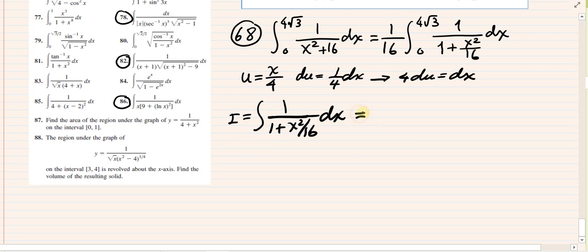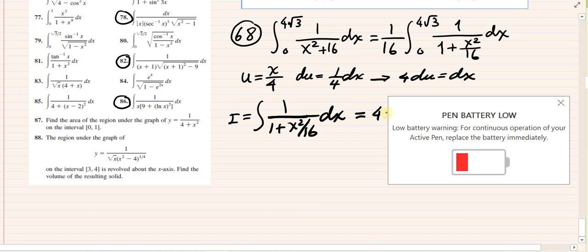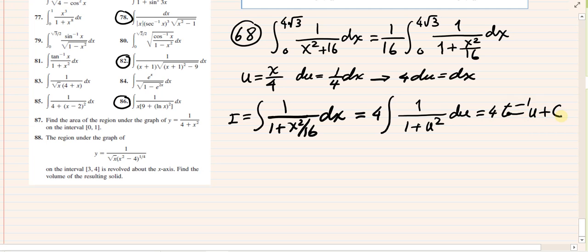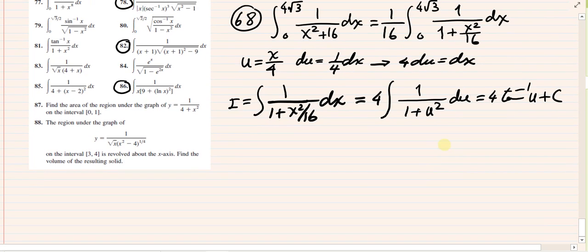Using our substitution, it's going to be 4 du, so 4 times the integral of 1 over 1 plus u squared du. That's pretty easy to do. That integral is going to be 4 arc tan of u plus a constant. Now I can actually do my integral.